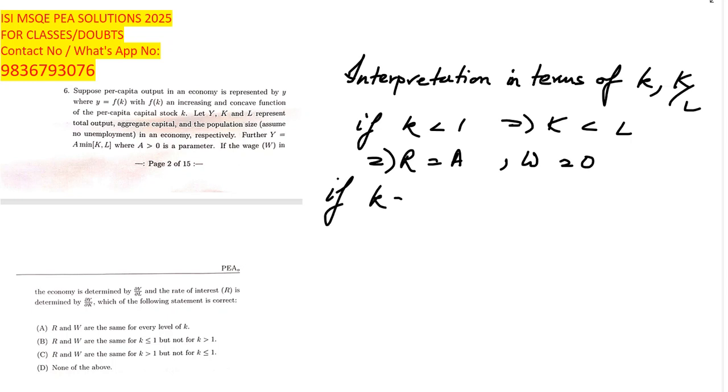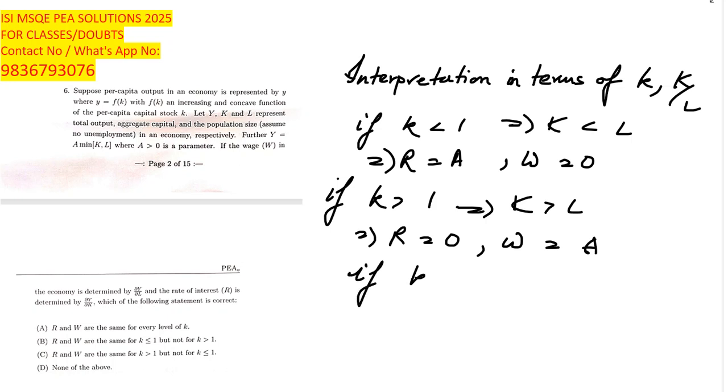If k is greater than 1 or K is greater than L, then R is equal to 0 and W is equal to A. And if k is equal to 1, then R is equal to A and W is equal to A.